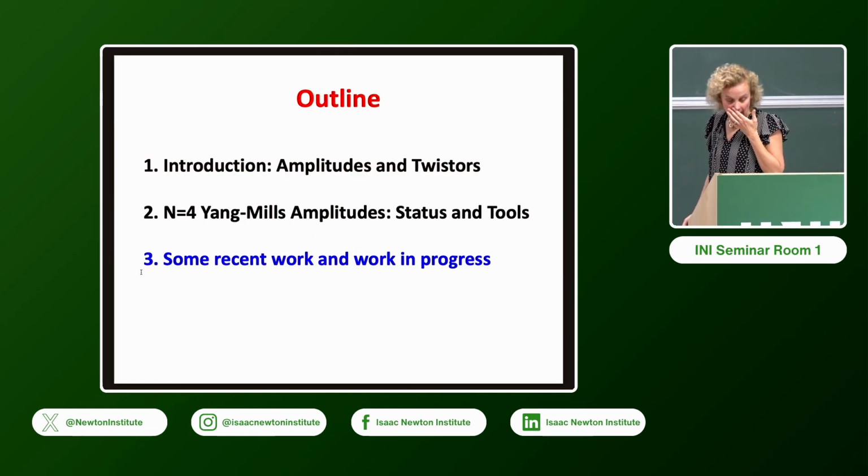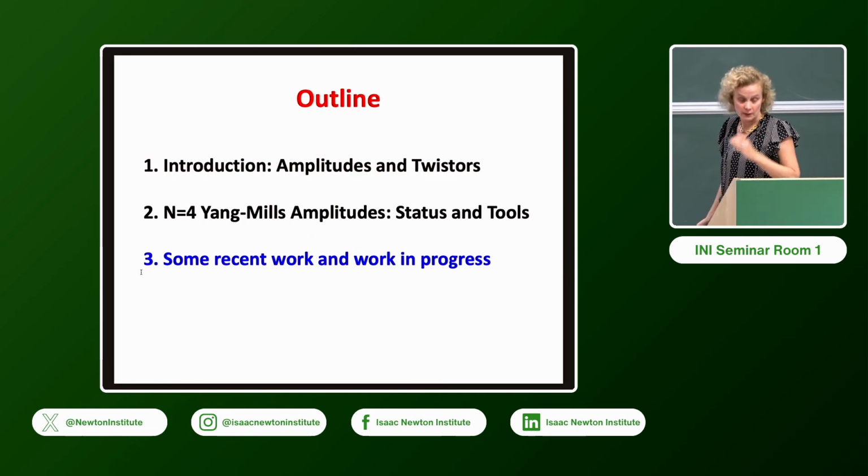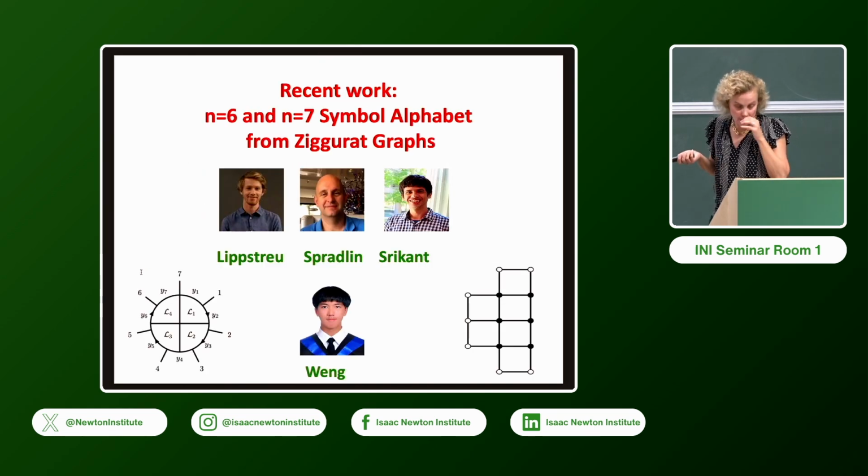I'm glad that I have 17 minutes, which is sufficient. I'm going to get a little bit more technical now and describe some of the ways to describe this alphabet. This is work from a year ago with Mark Spradlin and a former student Luc Lipster, who is now in Edinburgh, and Akshay Lishpustrikant, who is now in Oxford, and they graduated.